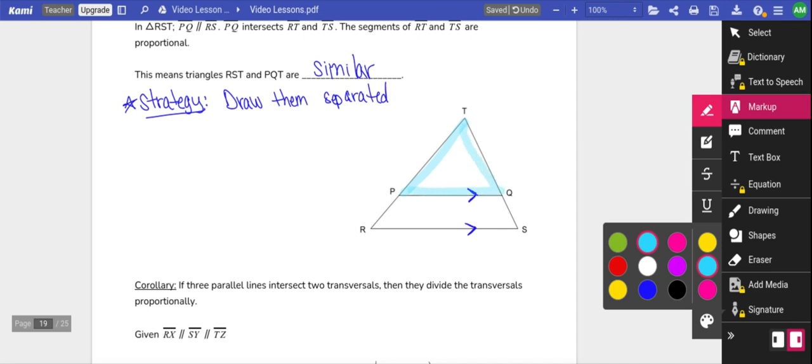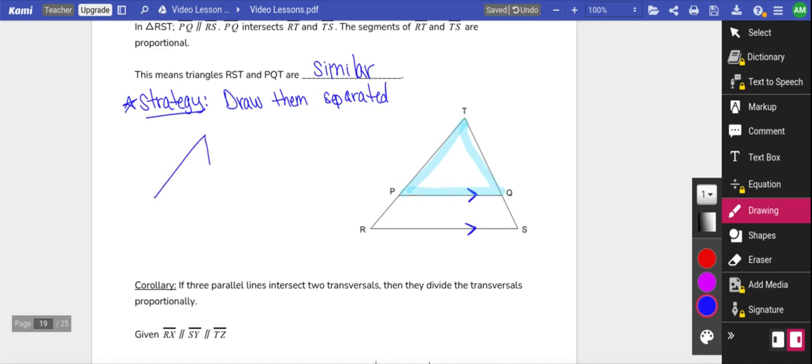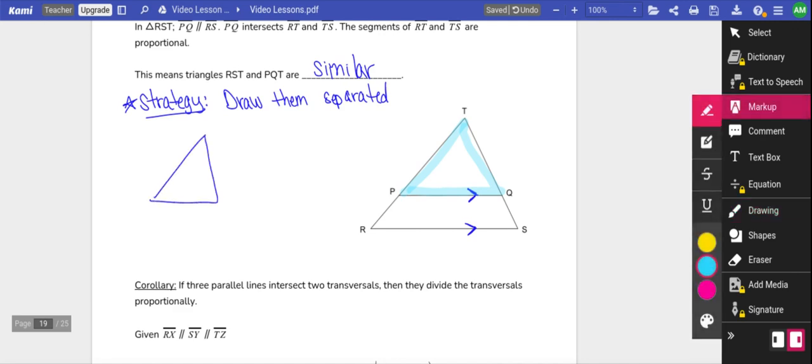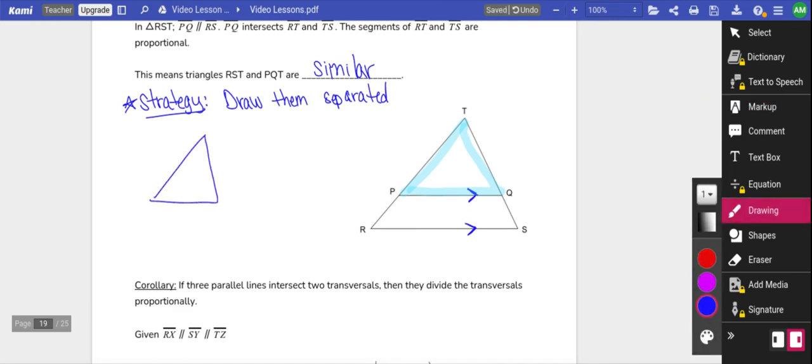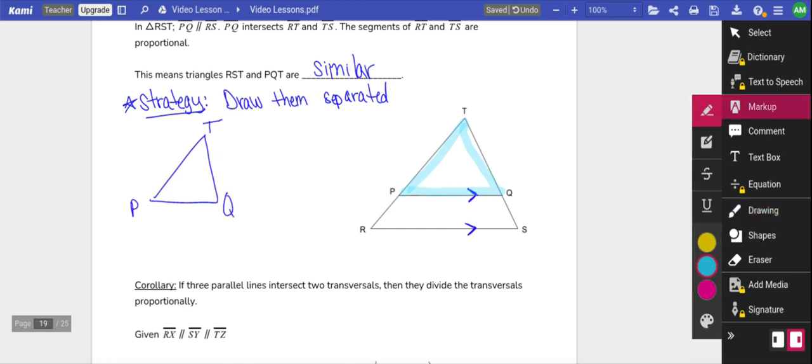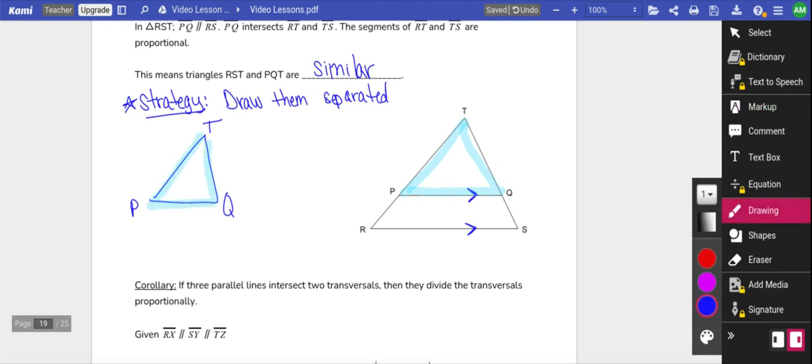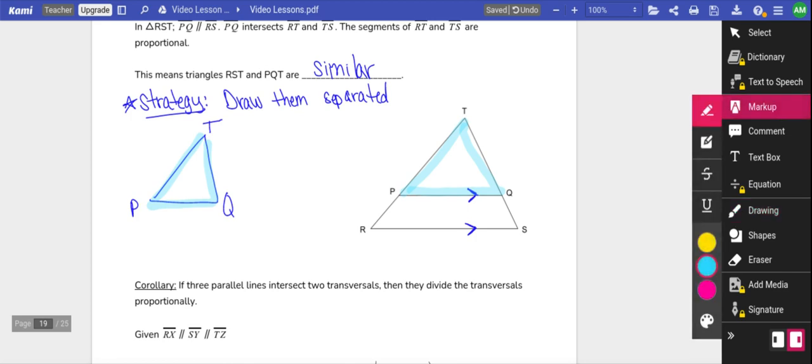That's my small triangle. I'm going to draw a little sketch. Here it is in blue. PTQ. And triangle RTS.